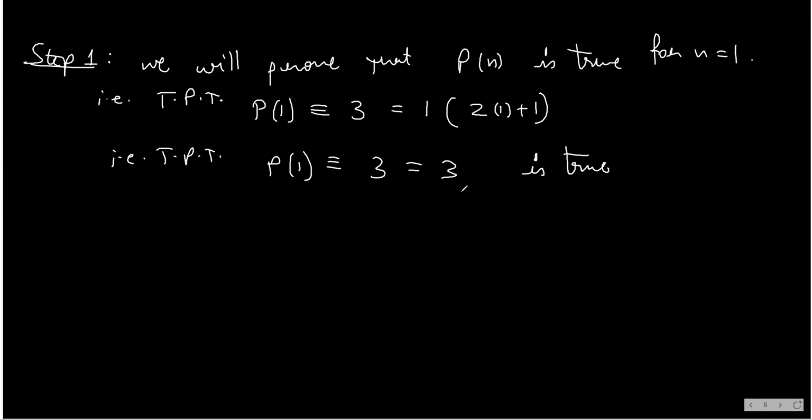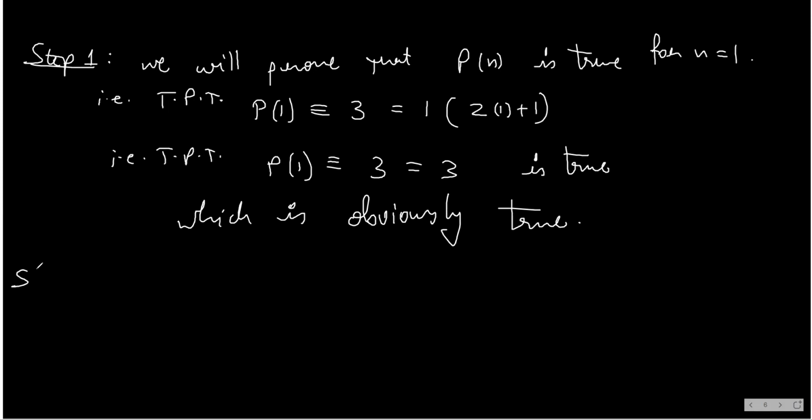Now what will we prove? This is obviously true. Having proved that P of n is true for n equals to 1, now we will move to step 2. What is step 2?